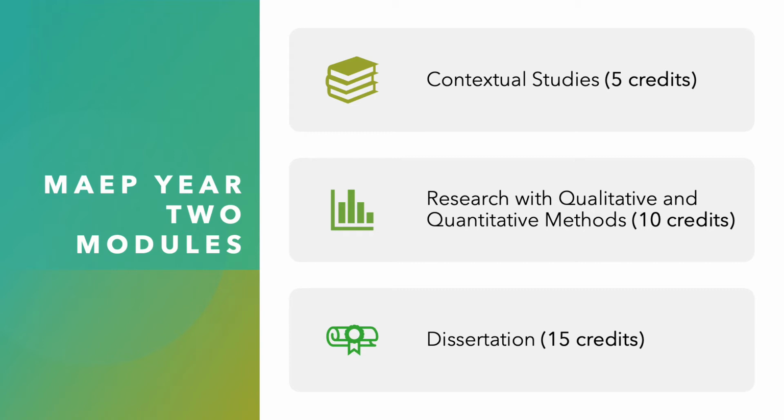So overall the year is integrated, so we can see that the two modules in semester one, the first two on the slide, support the skills that you need to complete your dissertation. Overall you have 15 credits for the two taught modules and 15 credits for your dissertation, which you carry out through self-directed learning that is also supported by a dissertation supervisor.